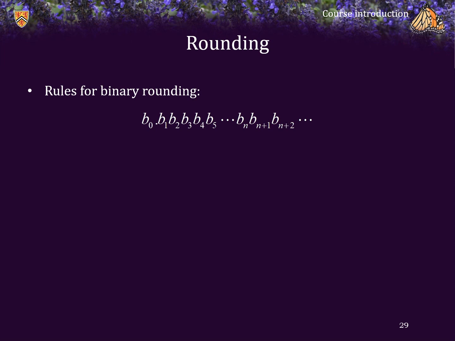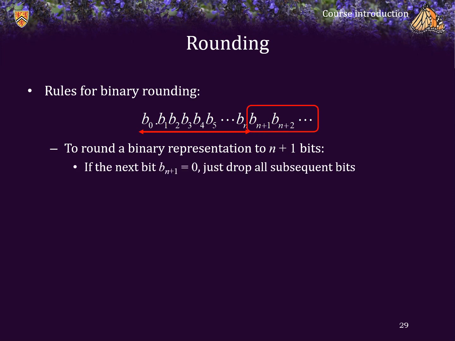The rules for binary rounding are as follows. If we want to round this number in binary representation to n plus 1 bits, including that leading bit, if the next bit is 0, we just truncate all subsequent bits.